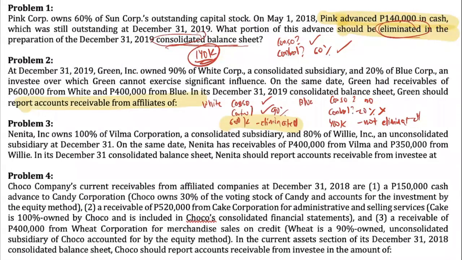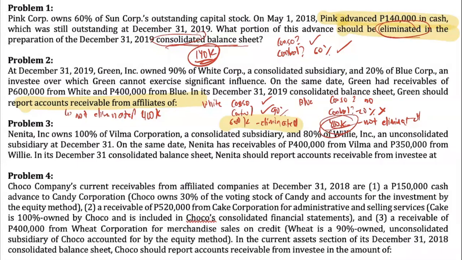In short, yung hindi eliminated. Ang pag tinanong is, what is the receivable to be reported? Yun yung not eliminated. So, sino yung not eliminated natin? 400,000. Okay? So, problem 2, receivable from affiliates, 400,000.